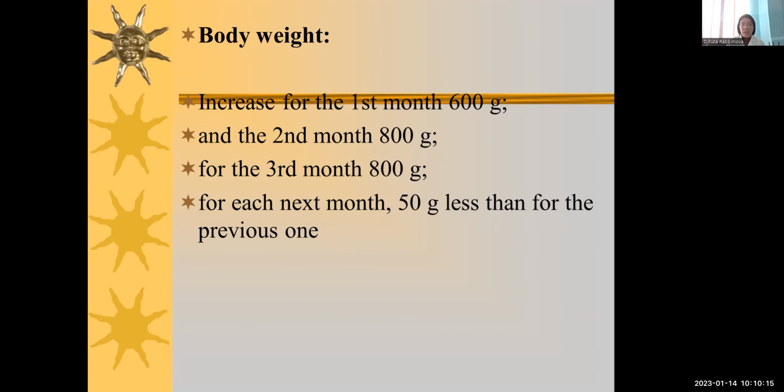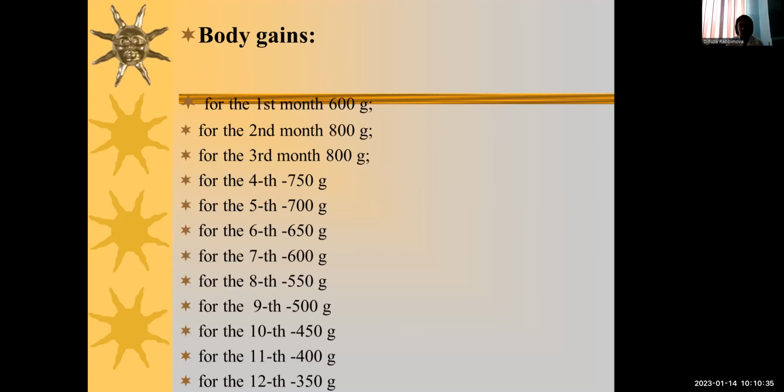Body weight changes. Increase for the first month, 600 grams, second month, 800 grams, for the third month, 800 grams, and for each next month, 50 grams less than for the previous one. On this slide, you can see body gains by months.